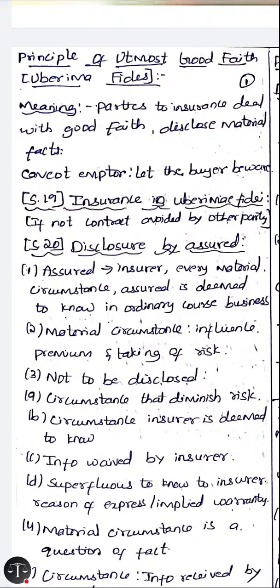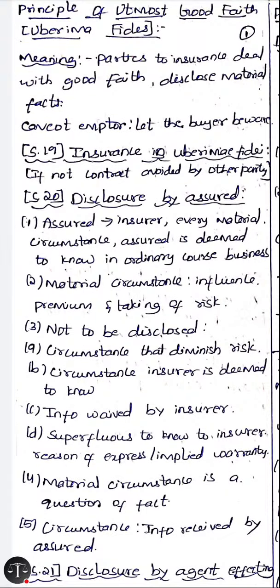The next is what are the things that an assured need not disclose to the insurer, that it is okay if the assured does not tell the insurer. These are circumstances that diminish the risk, circumstances which the insurer is already deemed to know, and information which the insurer has already waived, that he has already said he does not want to listen to. The next is what is superfluous to know for the insurer by reason of an express or implied warranty. It is useless for the insurer to know, so that material circumstance is not for the assured to tell.